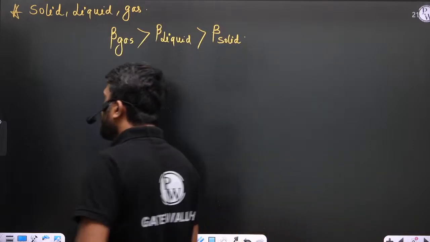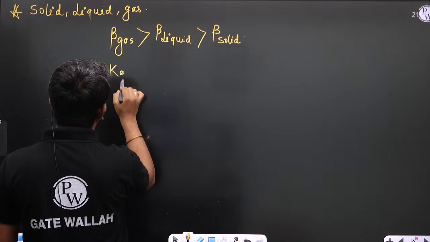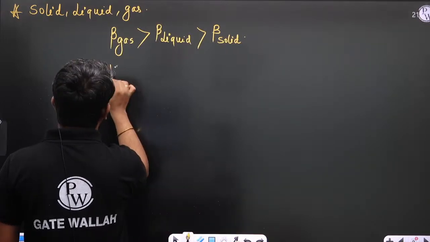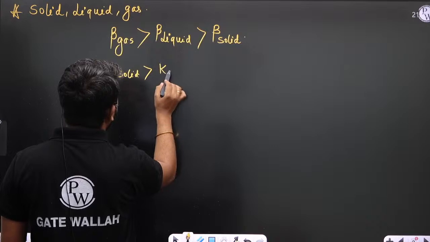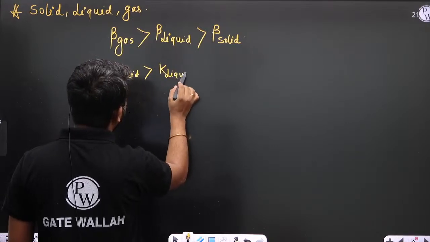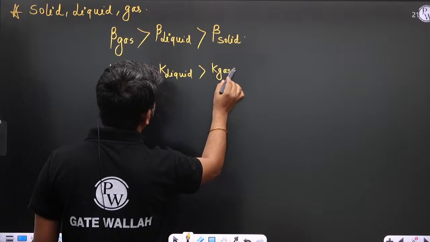And if I'm talking about the bulk modulus, it is just the opposite: K of solid is highest, then K of liquid, and least K is of gases.